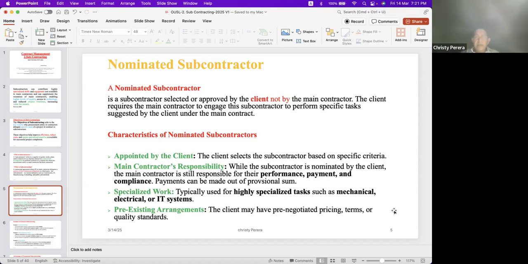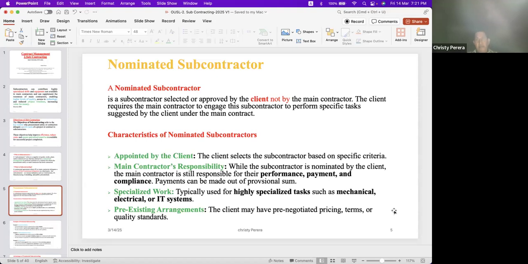Provisional sum is very complicated, but that's a simple example to help you understand if you are not an engineer or a project manager. Right. You know, you are clear about payments. If you are not clear, you can ask me later, right?